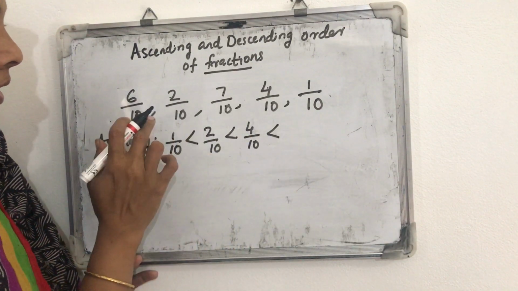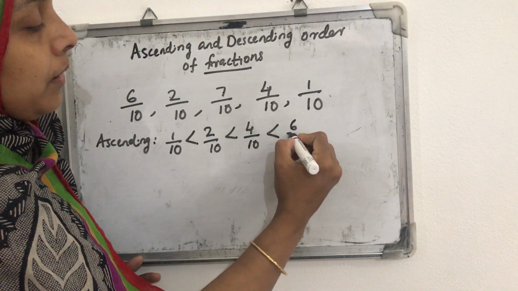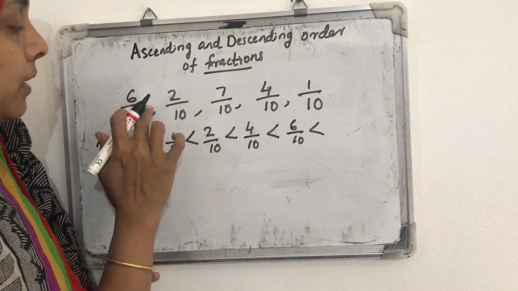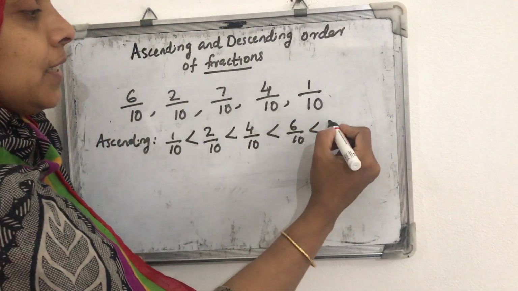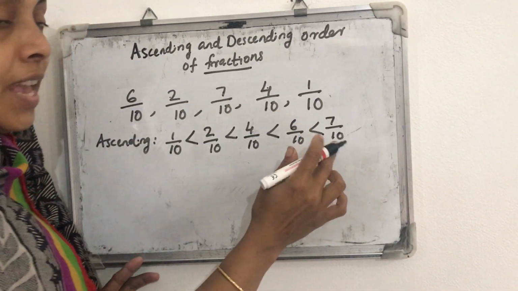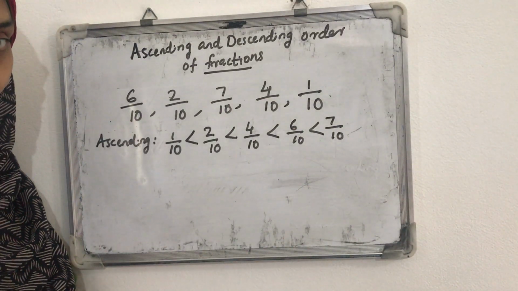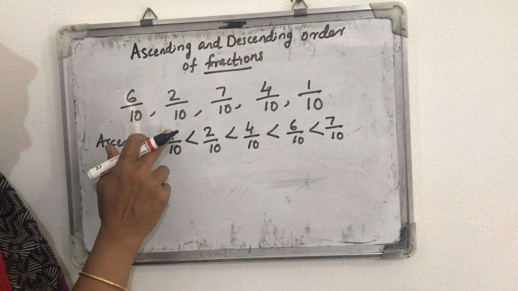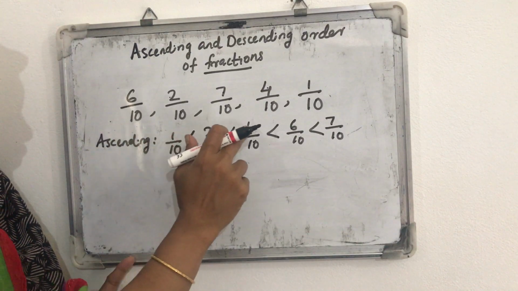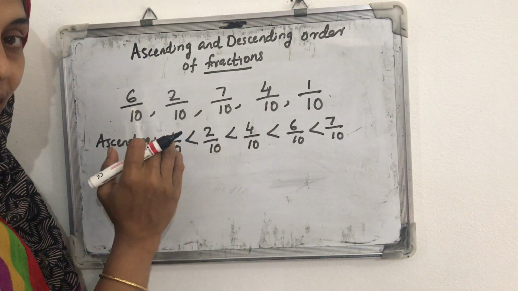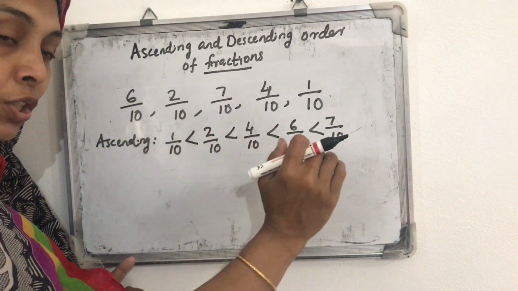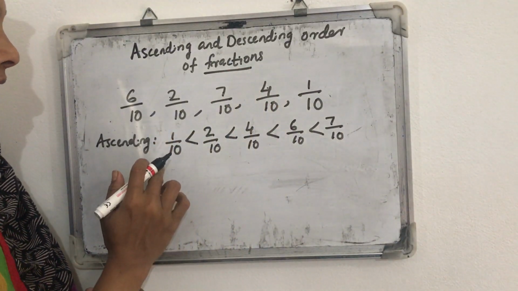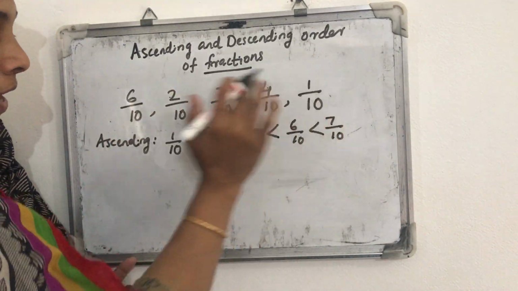And next is 6 by 10, less than. The biggest fraction is 7 by 10, so that will be last in ascending order. Now check the numerators 1, 2, 4, 6, 7. These numbers are arranged from smaller to bigger. So this is the ascending order of these fractions.